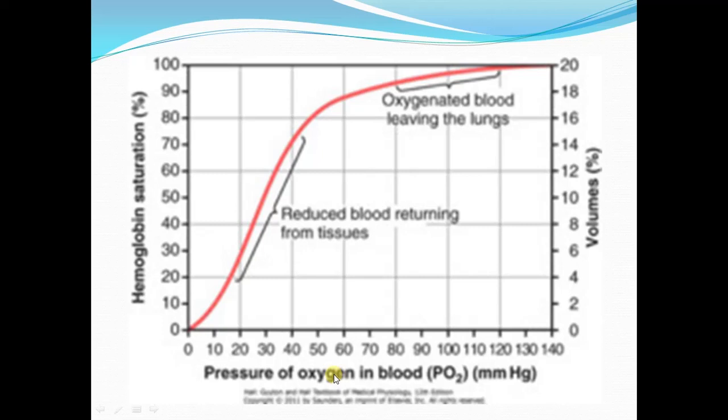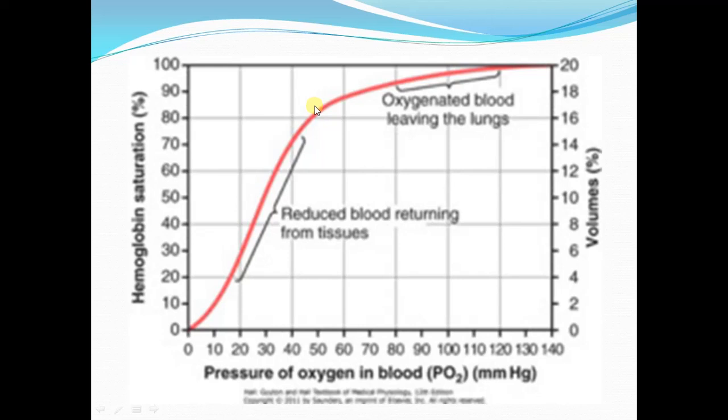From this curve we can see that at low partial pressure of oxygen, the percent saturation of hemoglobin with oxygen is less, and at high partial pressure of oxygen, the percent saturation of hemoglobin with oxygen is more.